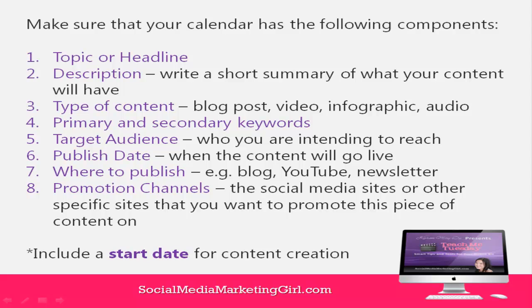Then the third one is the type of content. Is this going to be a blog post, a video, an infographic, or an audio tip? There are a lot of content formats, so you have to indicate what type of content that will be. The fourth one is keywords, primary and secondary keywords. I always make sure that I have primary and secondary keywords.